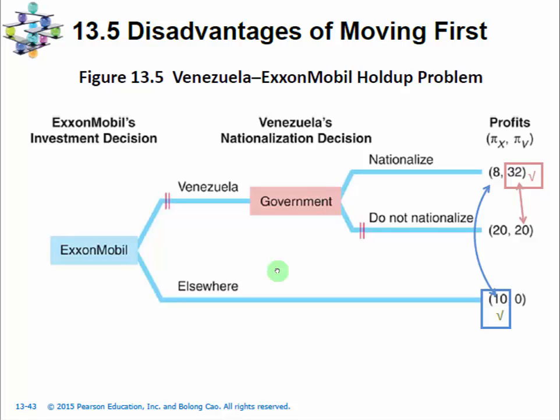Because of this kind of hold-up problem, the mutually beneficial investment for ExxonMobil to get 20 and the Venezuelan government to get 20 will not happen. There are different ways to avoid holdups, and you should check our textbook for the different strategies that can help to prevent the holdups and make the mutually beneficial investment move forward.